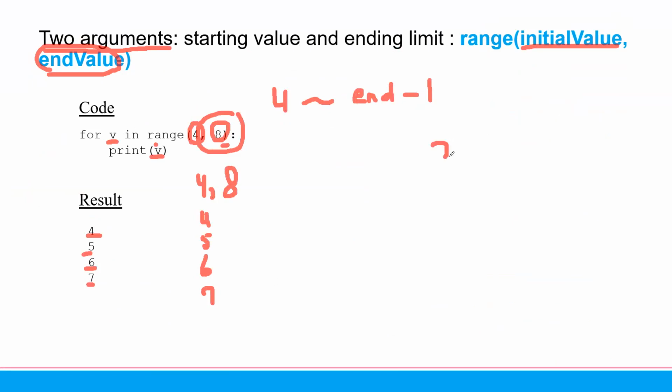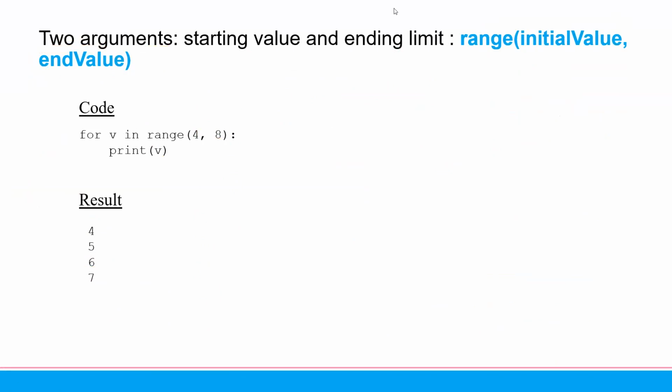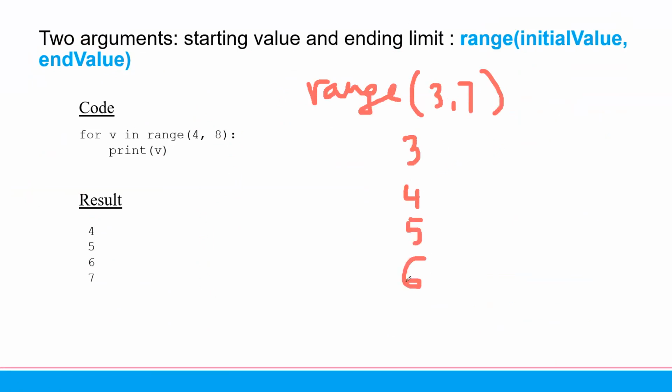If you put range 3, 7, what is the result? 3, 4, 5, 6. 7 will not be included because it is minus 1.